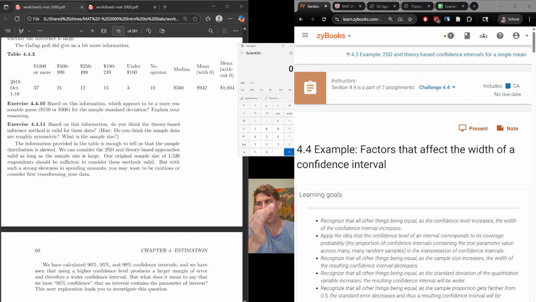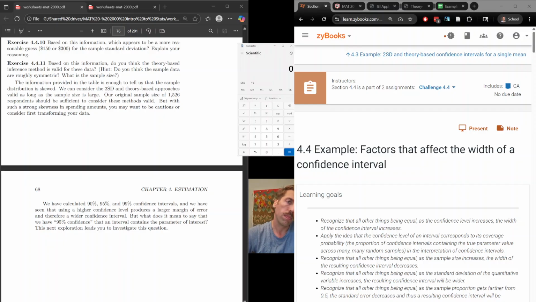So is there roughly 5% of the data outside of that? Or if your standard deviation is 300, then two of those is 600. So is roughly 5% of your data outside of that? It's hard to tell, but that idea of 5% of the data being roughly outside of 2 standard deviations should be the thing that you use for number 10.